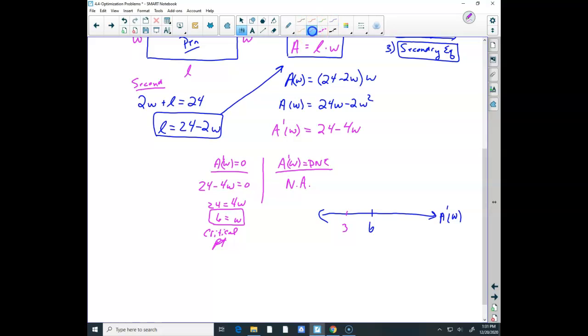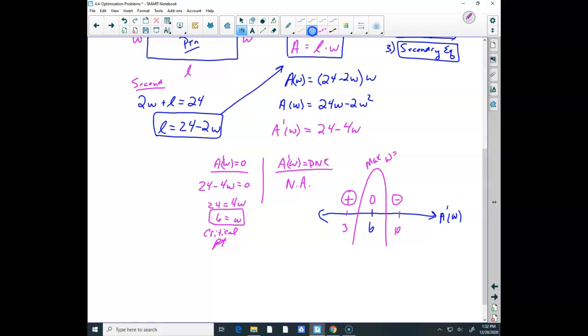If I put 3 in there, 24 minus 4 times 3, well, that's positive, isn't it? So I know I'm increasing there. I'm 0 at 6. And if I pick something bigger, like 10, well, what's 24 minus 4 times 10? That's 24 minus 40. Hey, I'm decreasing. So I can see on my number line, my function's going to be increasing, and then decreasing. So I have a maximum when what is that?